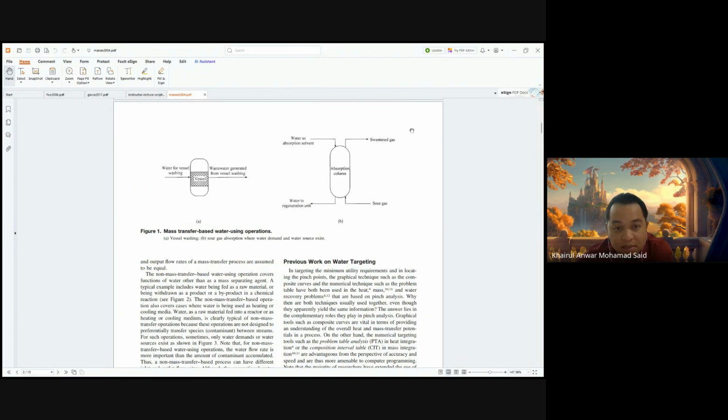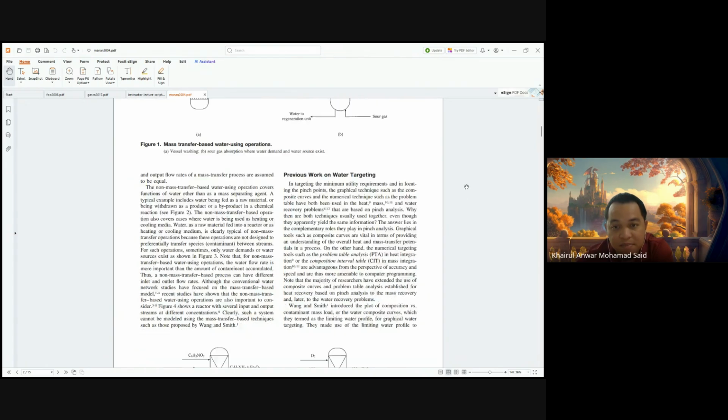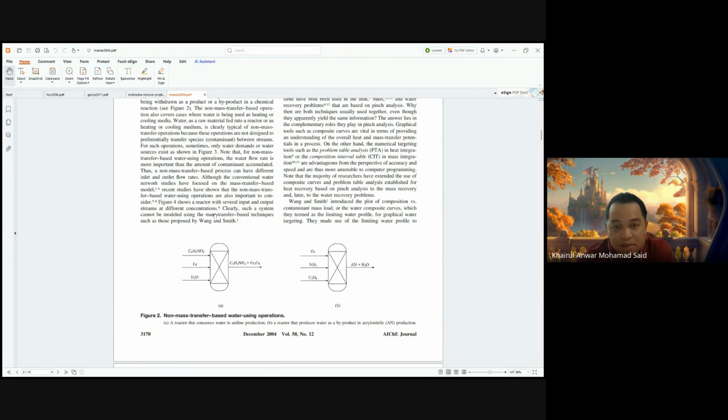So this is a mass transfer based operation. This is for vessel cleaning. This one is for sour gas absorption. For non-mass transfer based, meaning the water will change to something else, some reaction occurs, so the water is lost. This is for the reactor or aniline production.